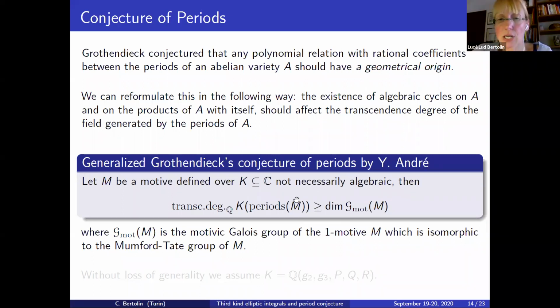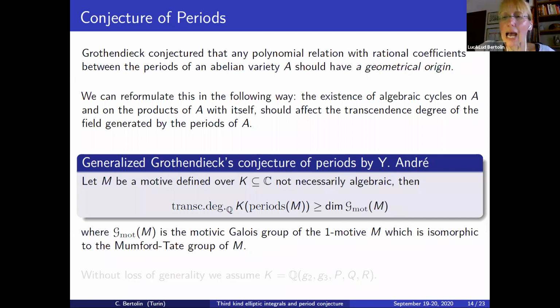Then Yves André generalized it to a more general geometrical object, the 1-motive. If the field is not algebraically closed, you don't have equality in this conjecture, but you just have that the transcendence degree is bigger or equal to the dimension of the Mumford-Tate group, or of the motivic Galois group.